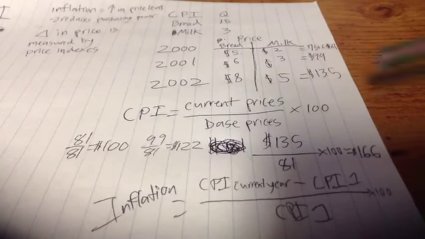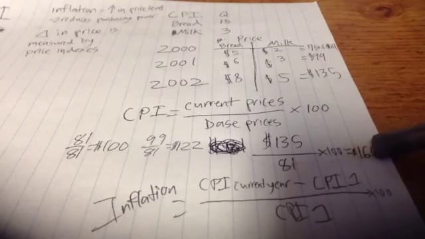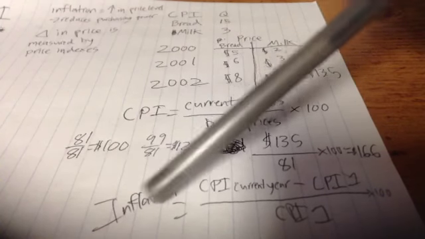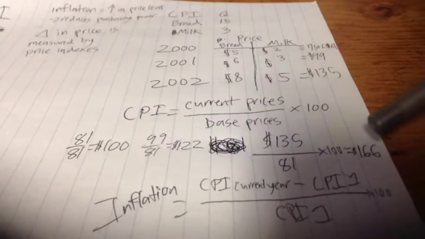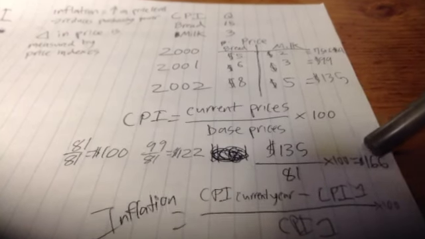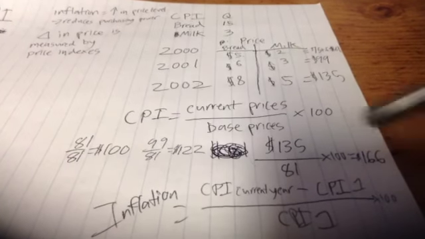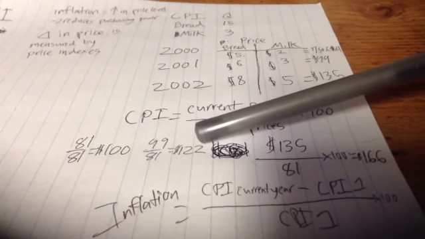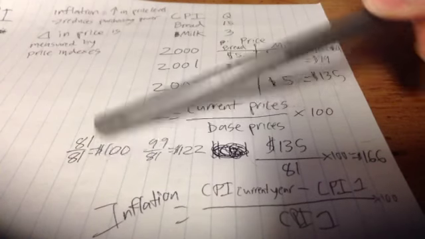Now, because you have this number, you can go ahead and calculate the inflation. But first, this is just for 2002. You can also find that for 2001 and 2000.